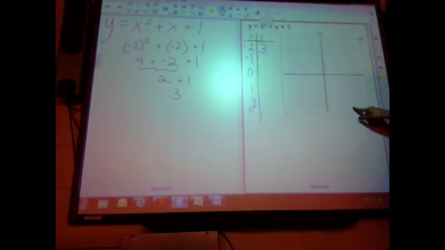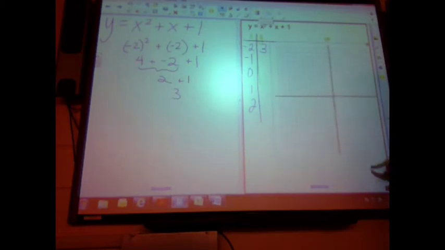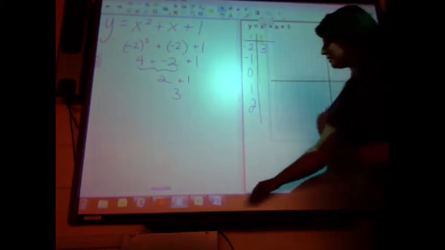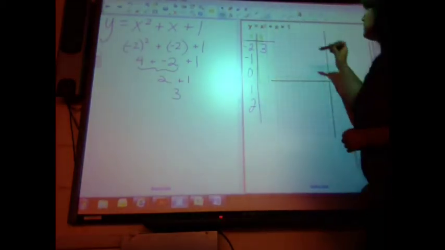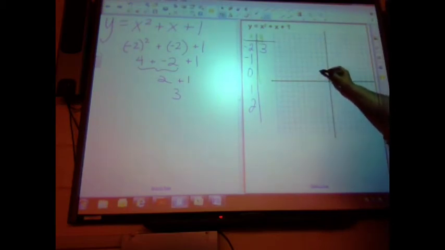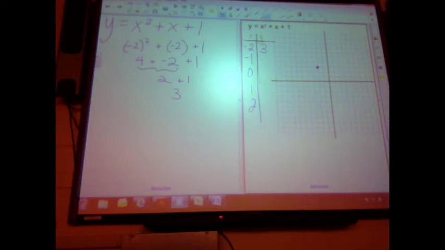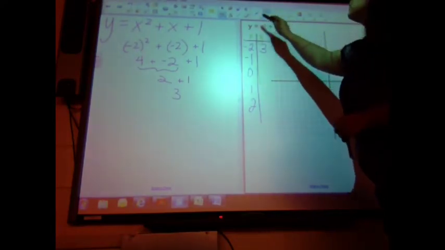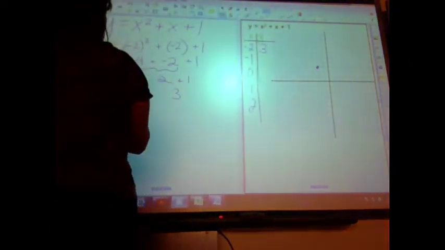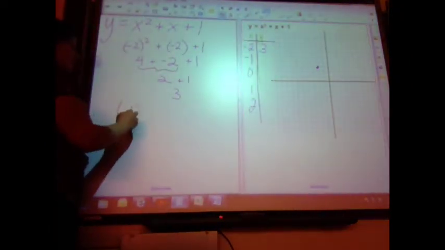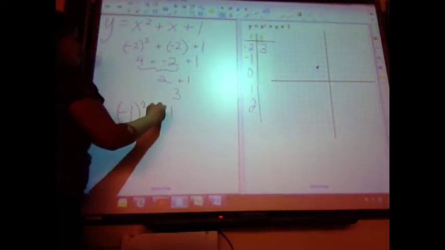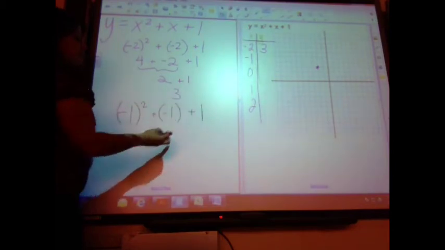Make this a little bit bigger. So I'm going to plot the point -2, 3. So I go 2 to the left and up 3. Then I do the same thing, but this time I'm going to plug in -1. So I do -1 squared plus -1 plus 1.